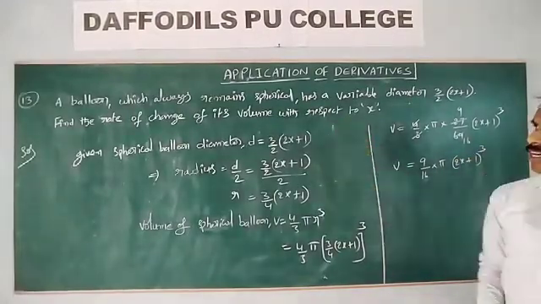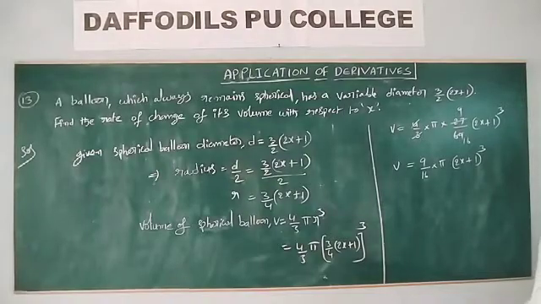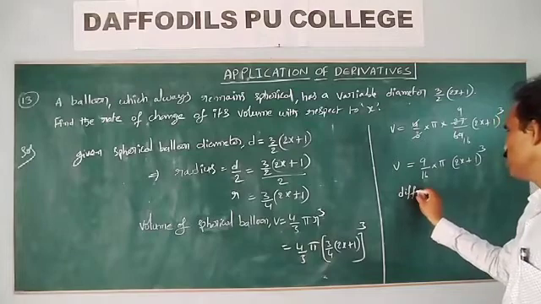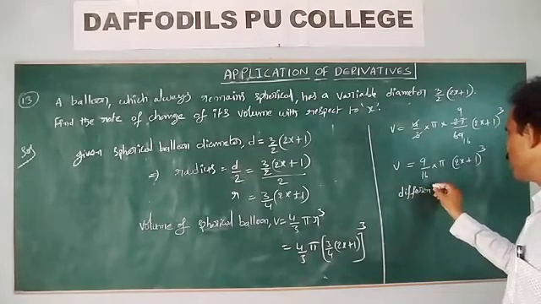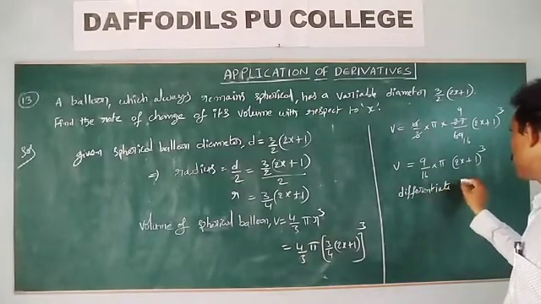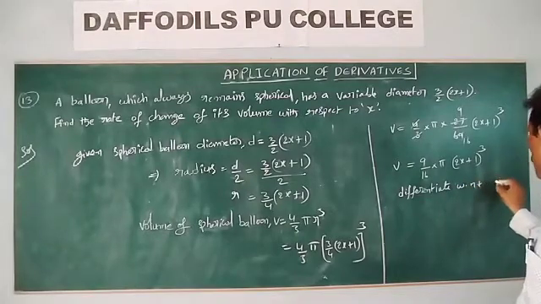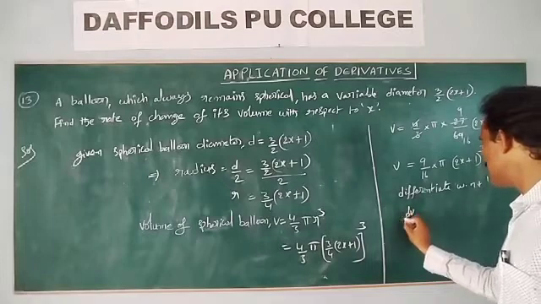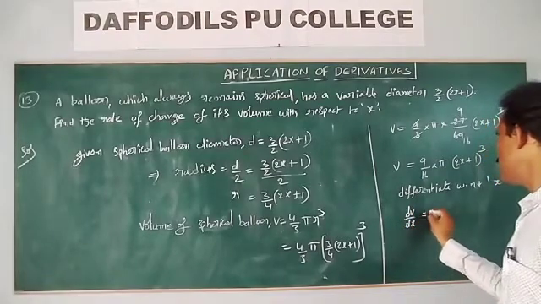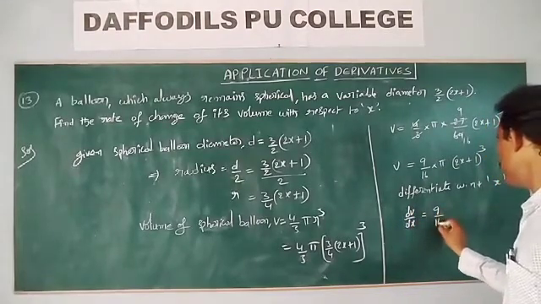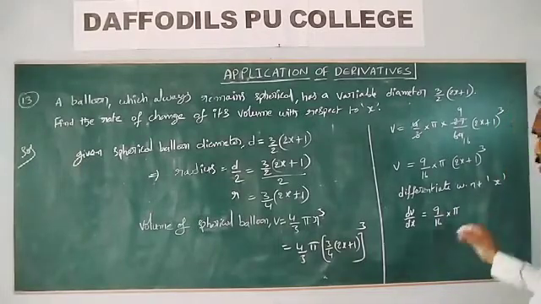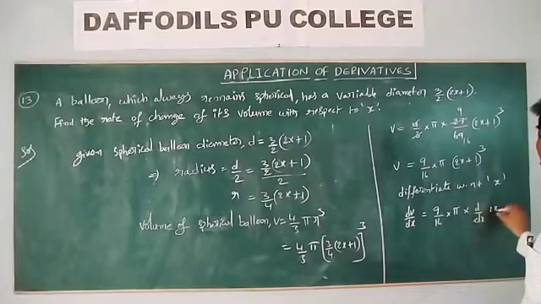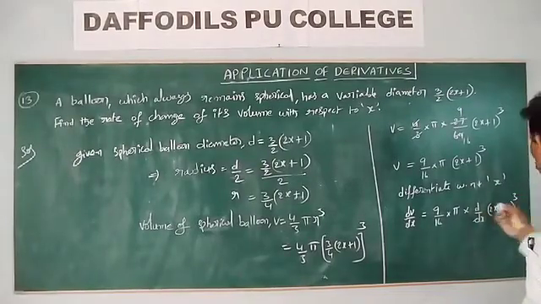Now we want the change in the volume, so differentiate with respect to x. dV by dx, 9 by 16 is constant, pi is also constant, is equal to d by dx of 2x plus 1 whole cube.